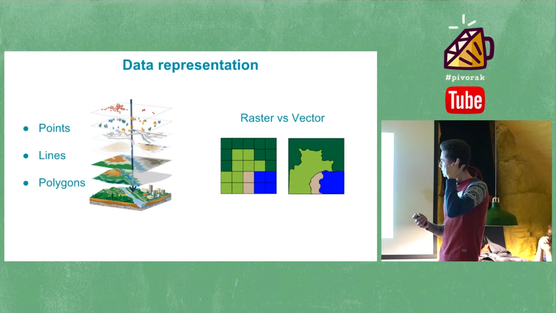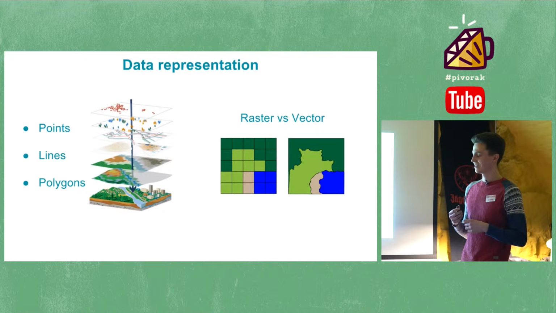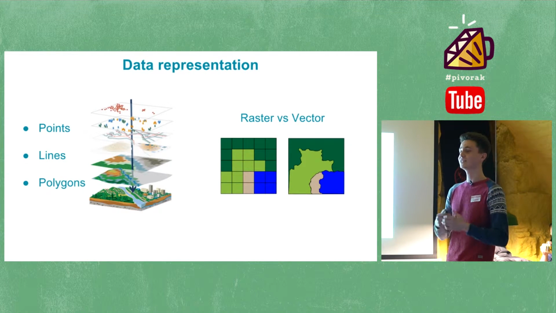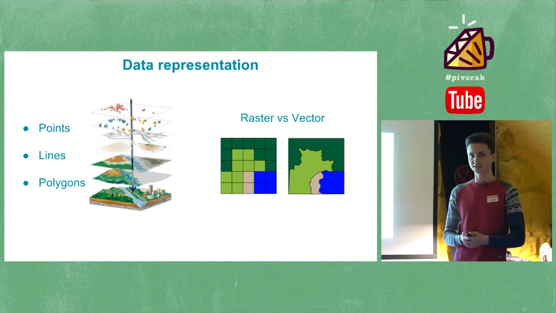In GIS, you have two options for how to store data: using raster images or vector ones.